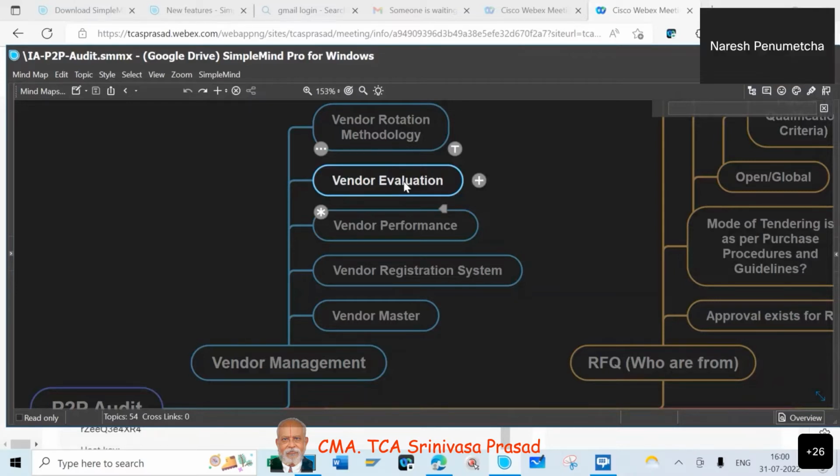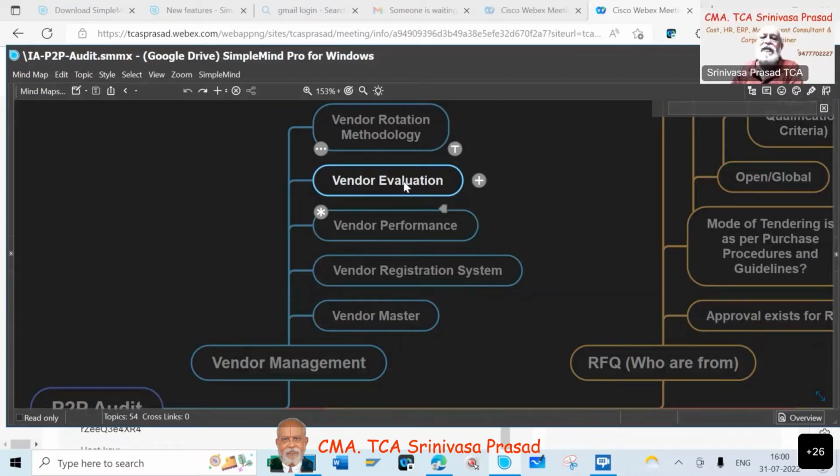Basically, evaluation means comparing two vendors and giving rankings in terms of quality, quantity, timeliness. And please understand, as Mr. Vadivel and others were telling, vendor performance will include the vendor's performance on tax and other statutory compliance with the government authorities.